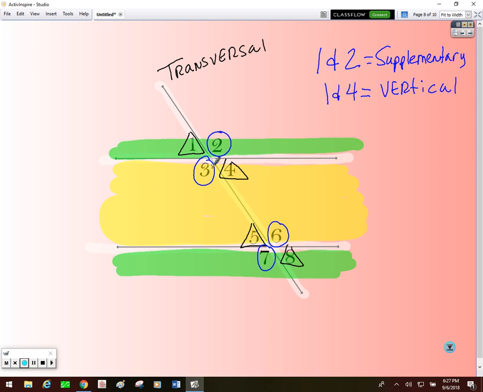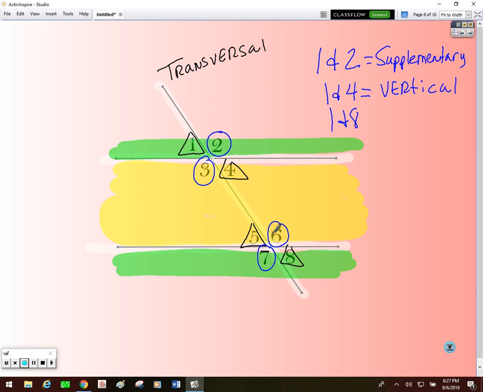What about 1 and 8? What can it not be? Well, 1 and 8 can't be vertical because they're at two different intersections. It can't be corresponding because they're on different sides of the transversal. It cannot be alternate interior anything because both angles are on the outside.